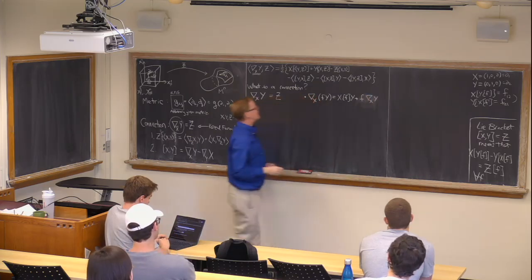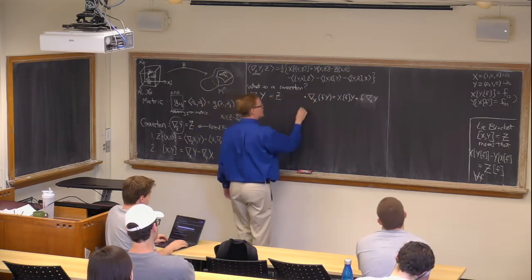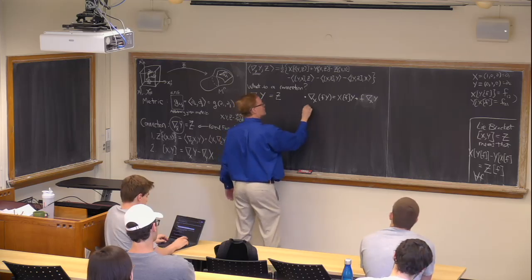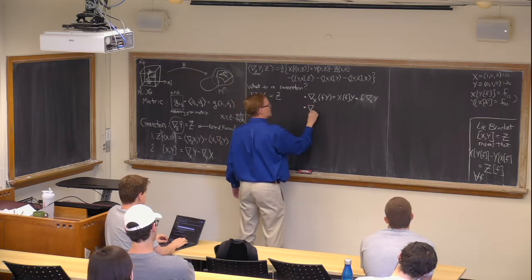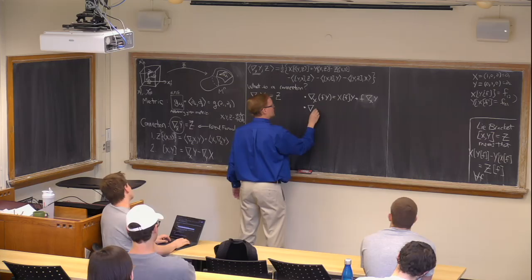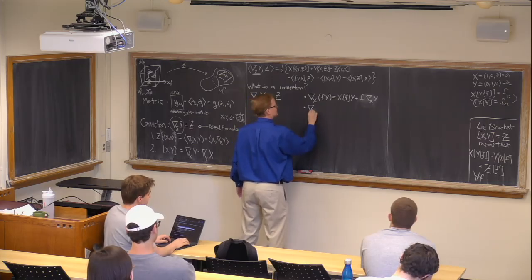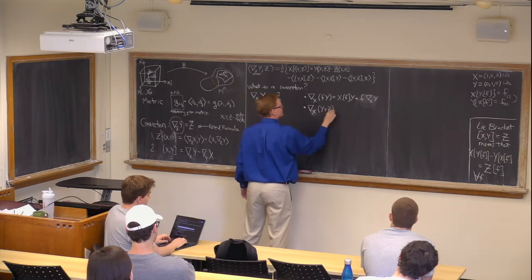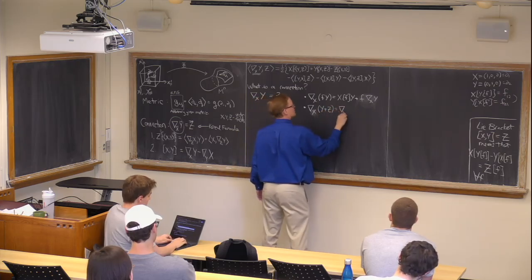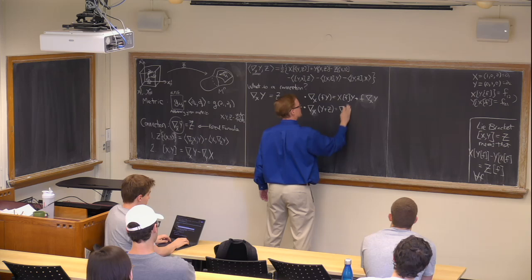Okay, so we want to have that multiplicative property there. We also want, let me just stick with the first slot here, that if you have 2 vector fields here, it needs to be linearly additive, right?